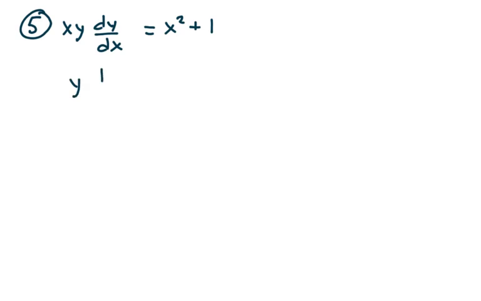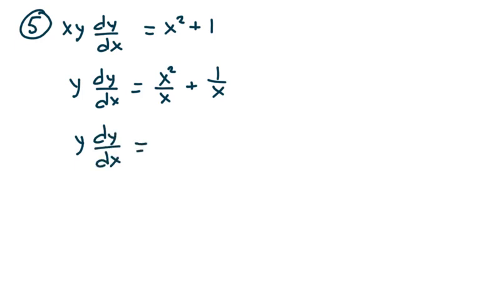And so we get y dy dx is equal to x squared over x plus 1 over x. Now, of course, I have to assume x is not 0. And so y dy dx is equal to x plus 1 over x.